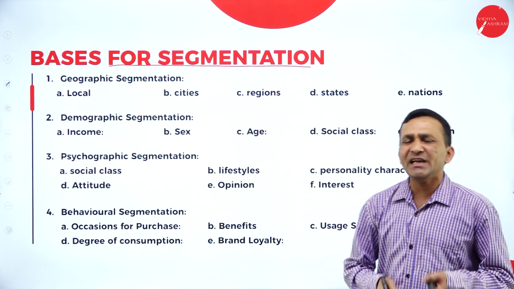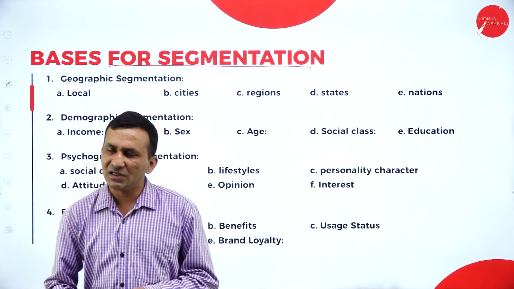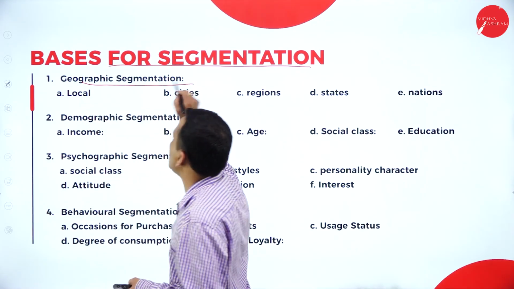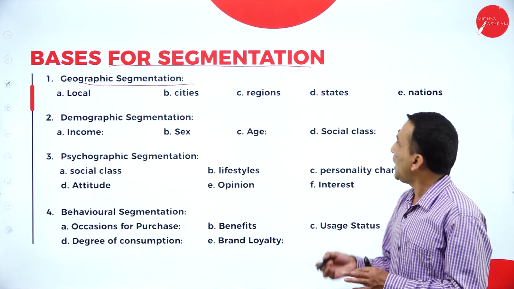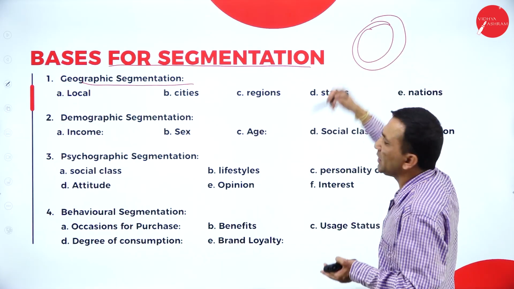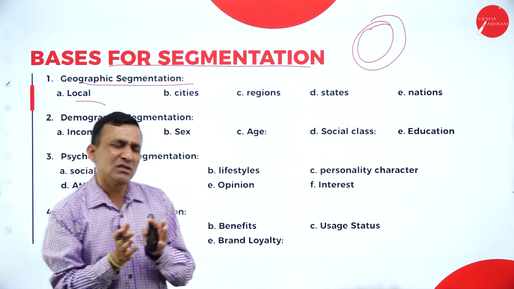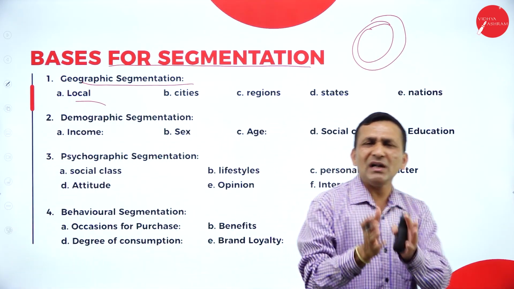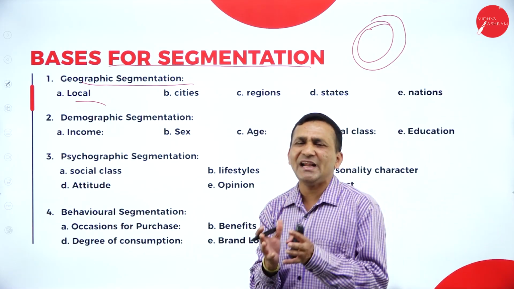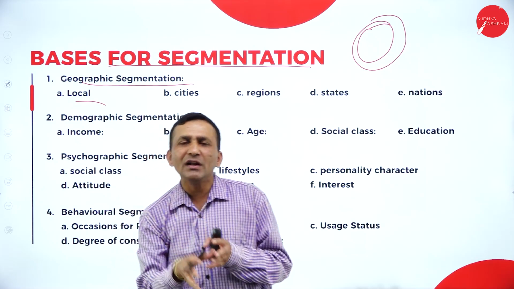While you are selecting a segmentation, what basis are you selecting? The first one, geographical segmentation. Here we are talking about either the complete world or a nation, whatever it may be. For example, any producer offering a product for local requirements, based on the local area and local competition, we need to focus only on the local area.